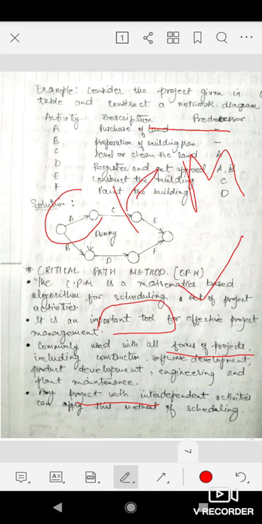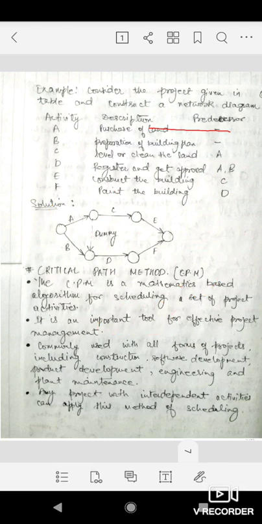CPM is a deterministic method, which means we have a certain fixed time limit given for different activities. Wherever we know the time of the different activities, we can apply the critical path method in that project.